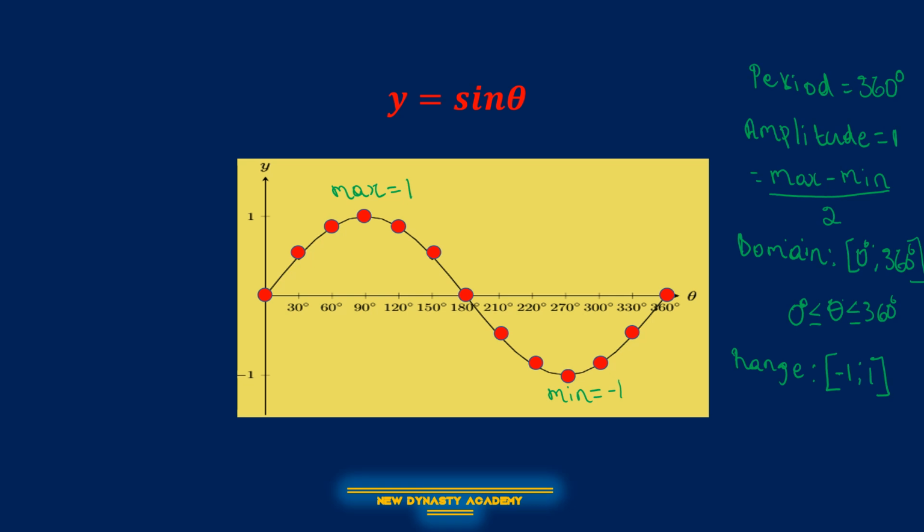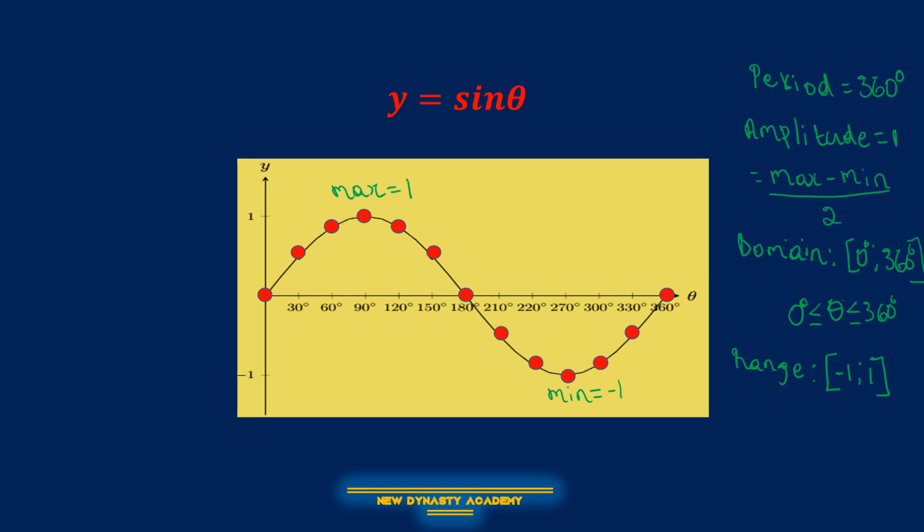And again, let me just talk about this without writing. Grade 10s, from 0 until 90 degrees, as I'm going upwards from 0 until 90 degrees, do you notice that this graph is actually increasing, and it reaches 90 degrees where it becomes 1, then it starts going down, which means it is decreasing.